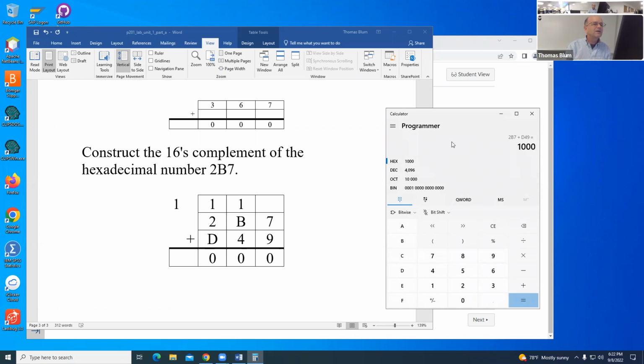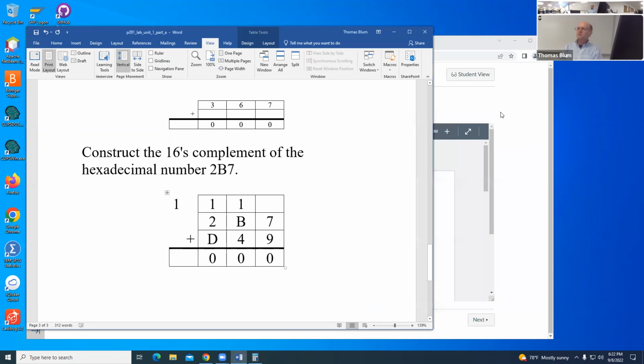Gotcha. And then he told me a cheat, did he not? Yes. He's a good cheater. So in hexadecimal, if you just turn it around. Right, so easy, and I like to cheat too.